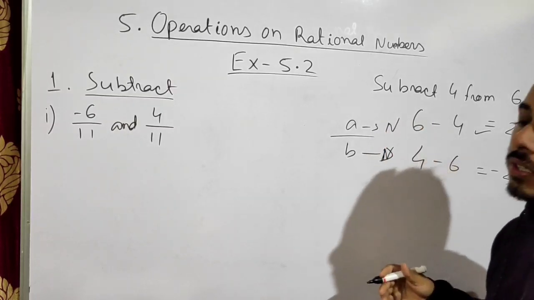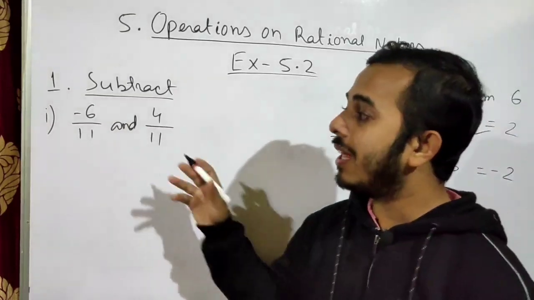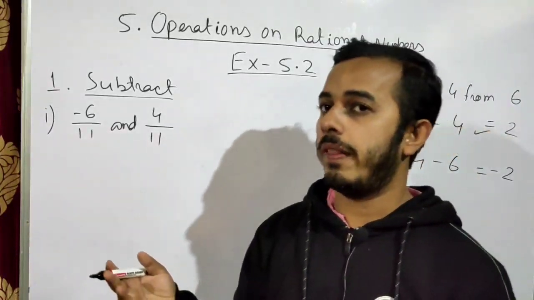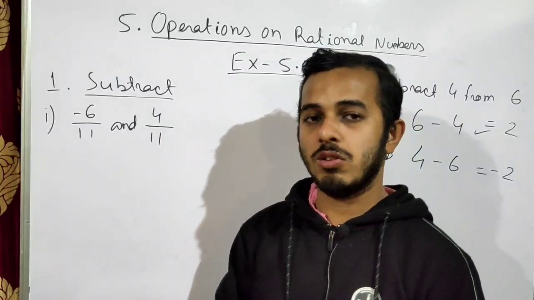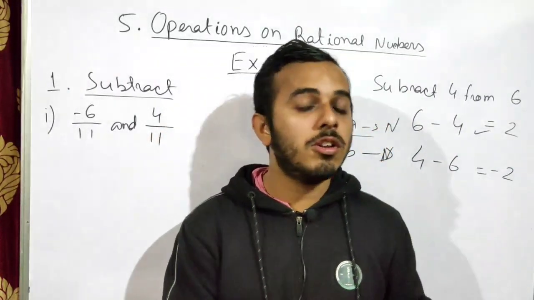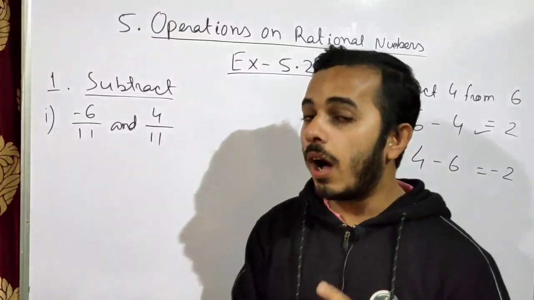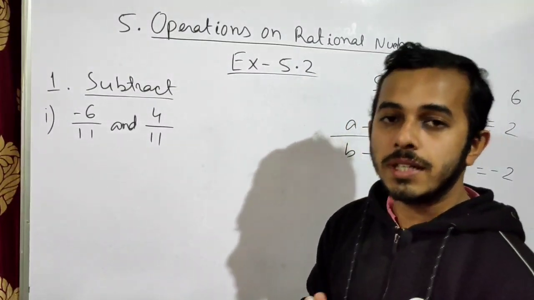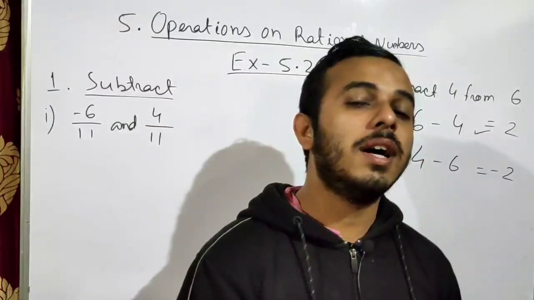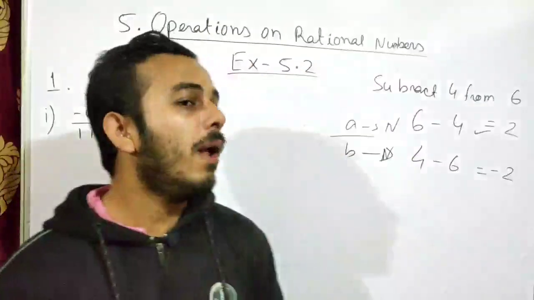Clear? First we have to look at whether their denominators are the same. If the denominators are the same, well and good. This will be an easy task. And if the denominators are different, we have to make the denominators the same by taking their LCM, that is, lowest common multiple. Clear?